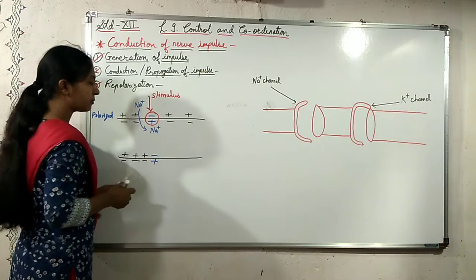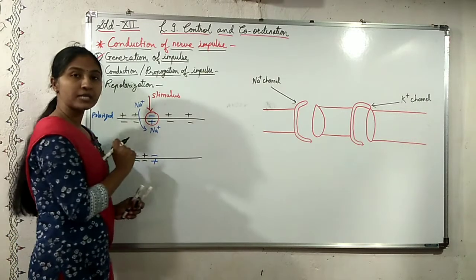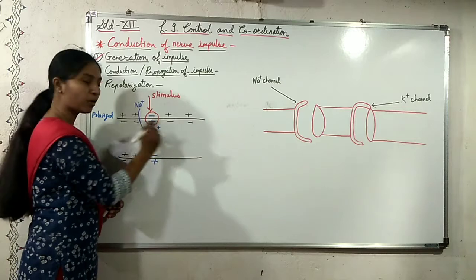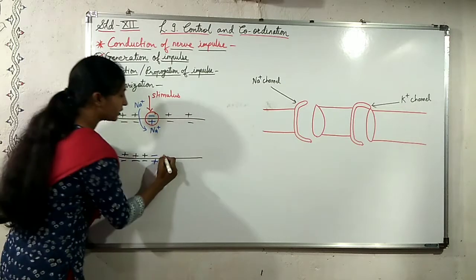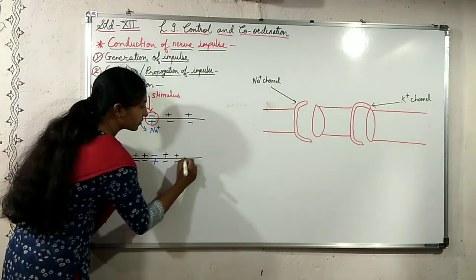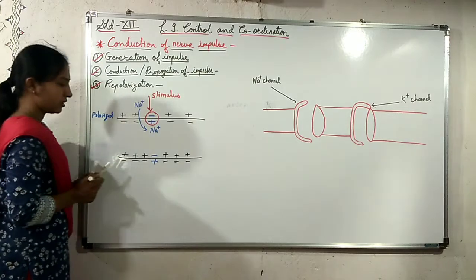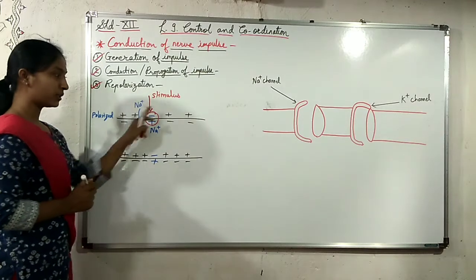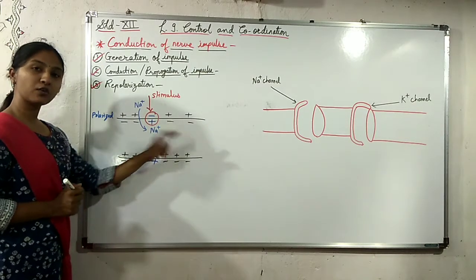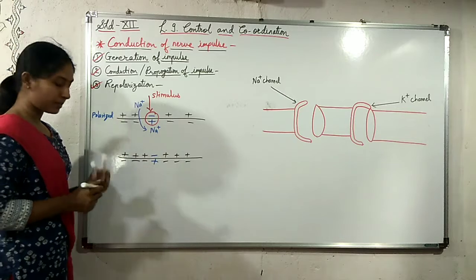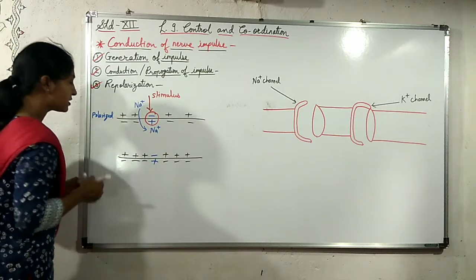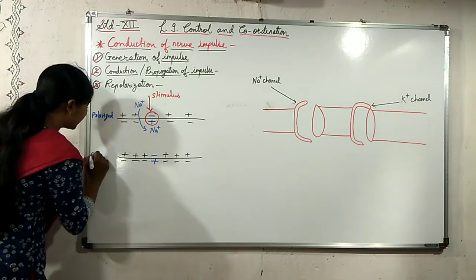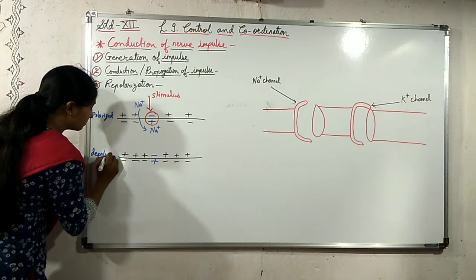So here we said that the impulse had travelled from the third point to the fourth point, or from one point to another point. Now this membrane, after the generation and travelling of the impulse, is said to be depolarized.